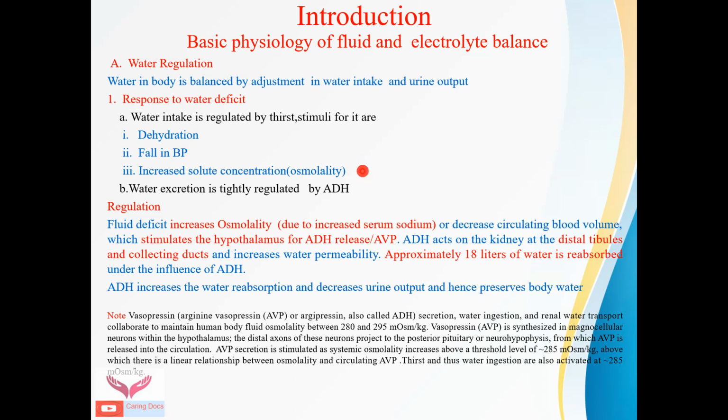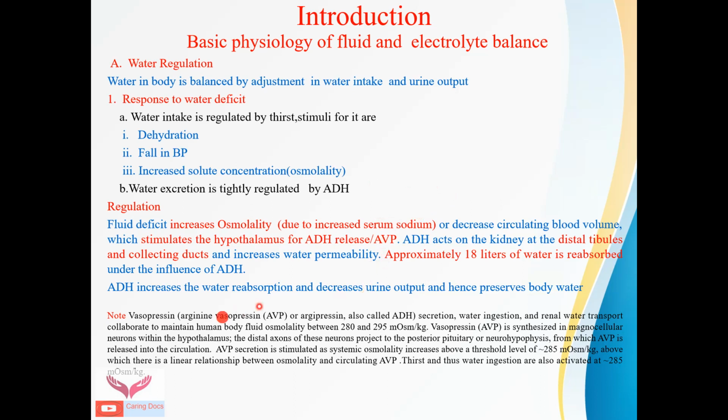The signal of dehydration or water deficit is regulated by the thirst center, and whenever the thirst center is stimulated, there is increased secretion of ADH. So whenever there is a fluid deficit, there is increased osmolality due to increased serum sodium, or we can say decreased circulating blood volume. This stimulates the hypothalamus for ADH release. ADH is also called AVP, that is vasopressin.